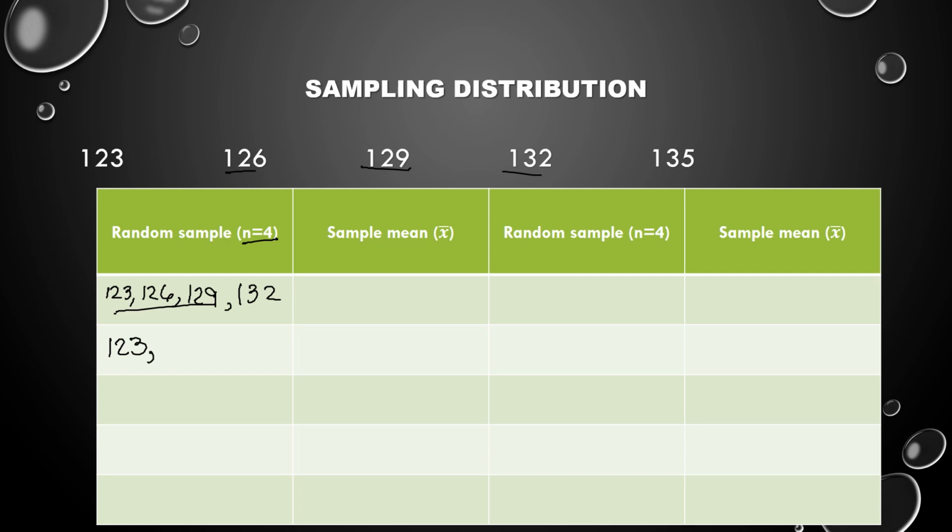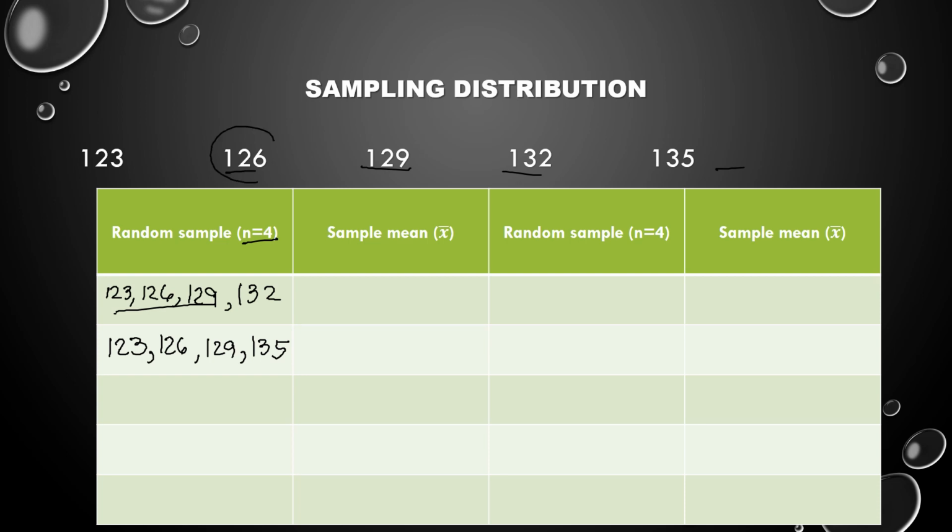So we have 123, 126, 129, and 135. That will be our second combination. Since there's no other number after 135, we stop the combination on 123, 126, 129. So we go for the next one.